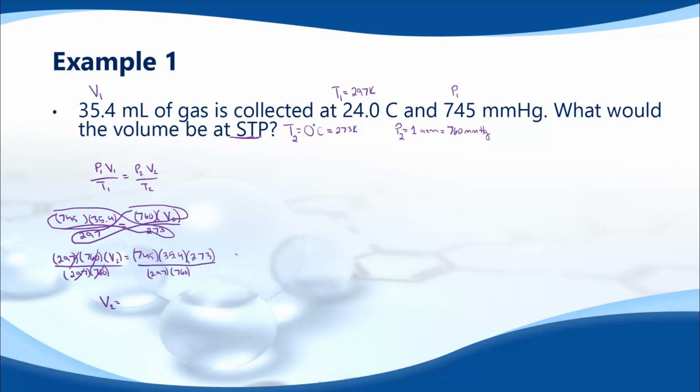Again, you can multiply the entire numerator, then multiply, then divide if you want, or you can do multiply, multiply, multiply, divide, divide, and get your answer that way. Either of them is going to give you the same thing, but we are going to wind up with a value of 31.9, and our unit for volume was milliliter, so that's what we're going to keep with here. So 31.9 milliliters.